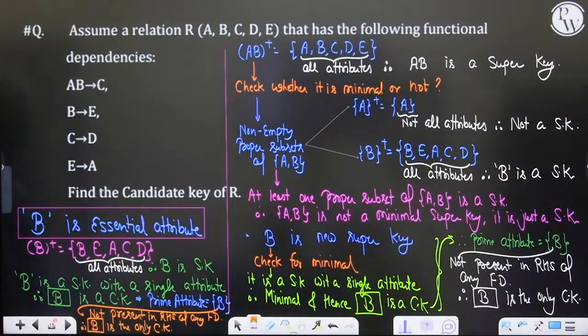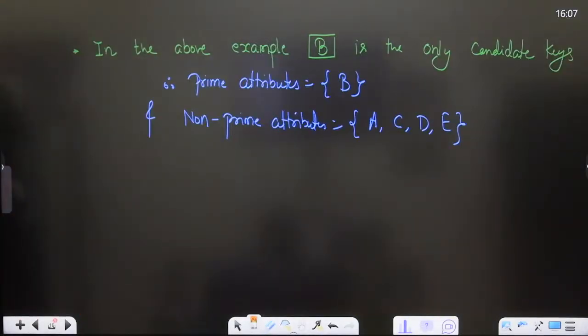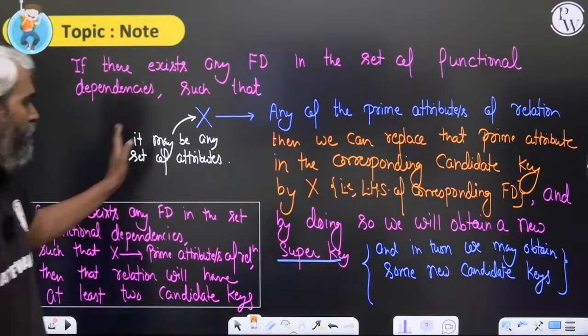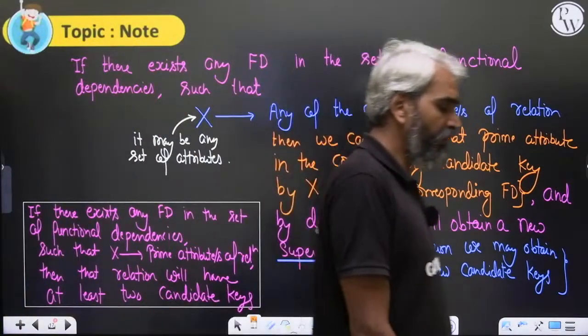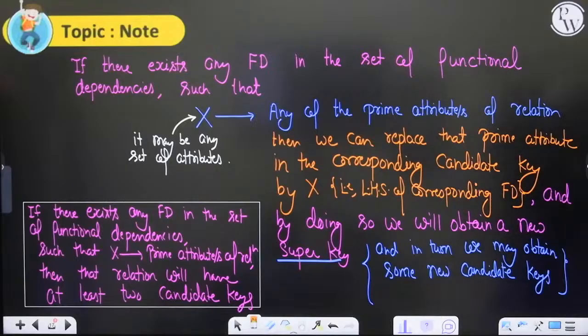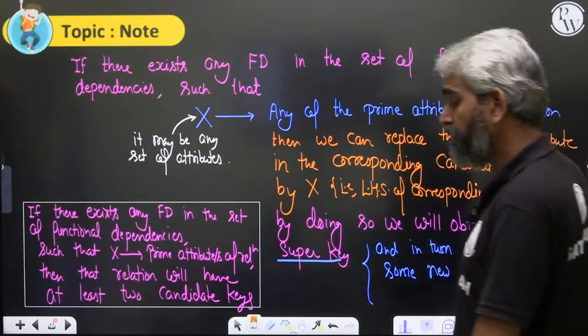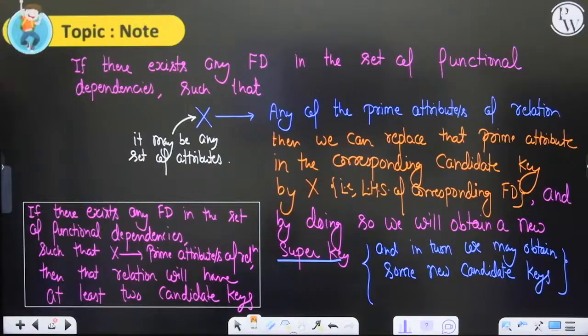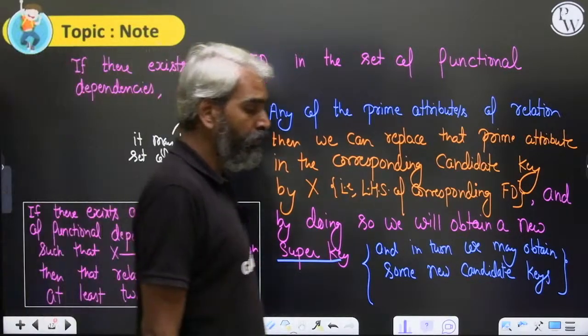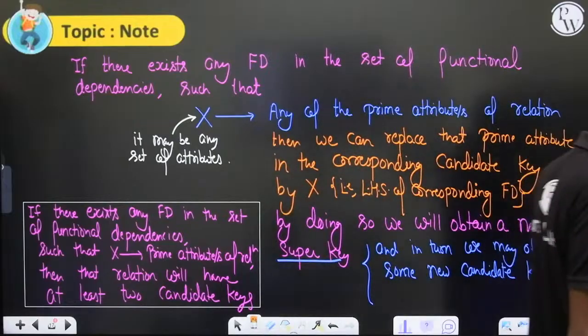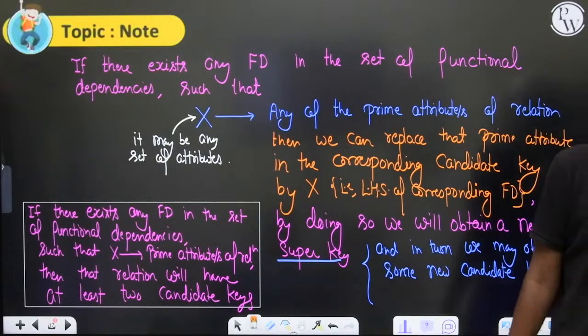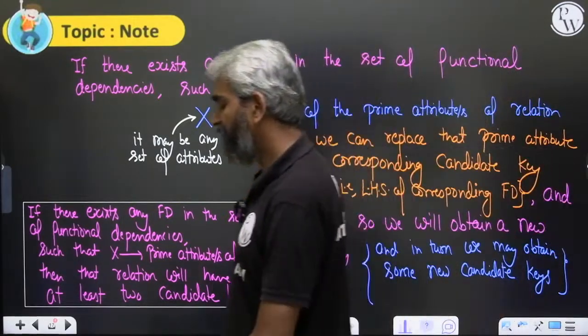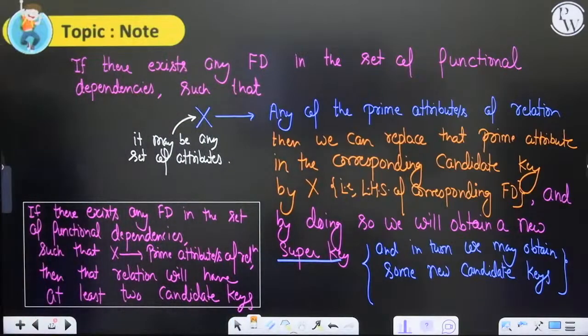Okay. Then I said, what if the prime attribute is present in the right hand side part of some FDs? Then the corresponding prime attribute can be replaced by the left hand side of that FD in the corresponding candidate key, and by doing so you will get a new super key, and perhaps from there you will find a new candidate key.